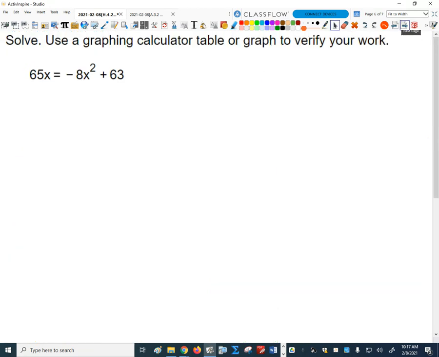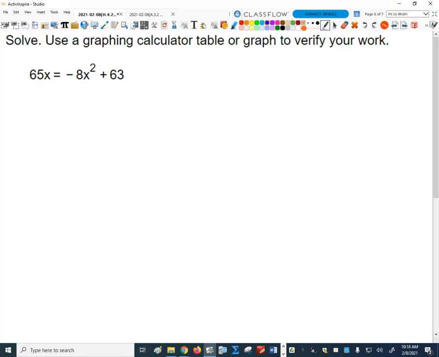Okay, real quick, I want to get through these. What about this one? What have I got to do here? First step. You got to get the equation equals 0, so you're going to have to remove the 65x. I got two options here, don't I? I could either subtract the 65x, or you could go the other way, so then you'd have a positive 8x squared if you want.